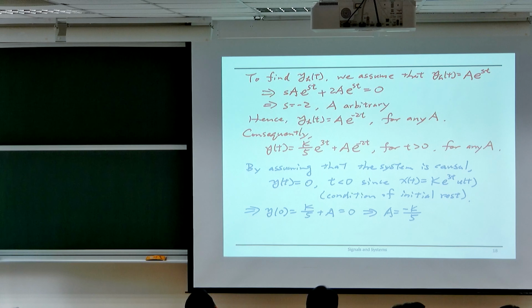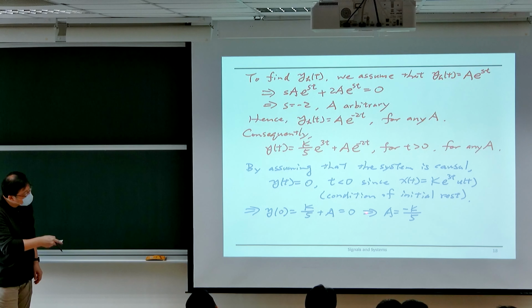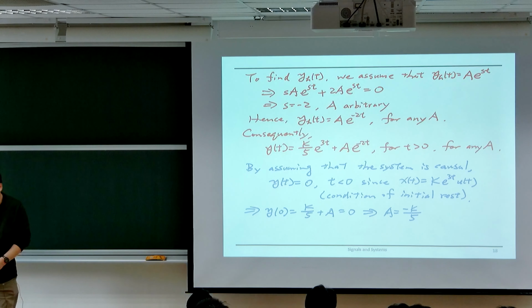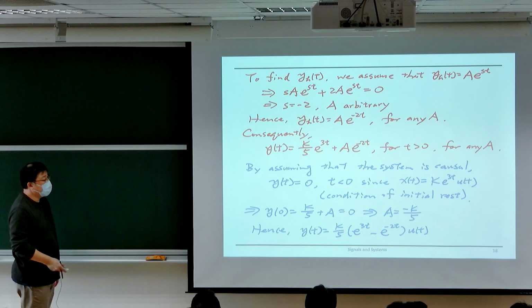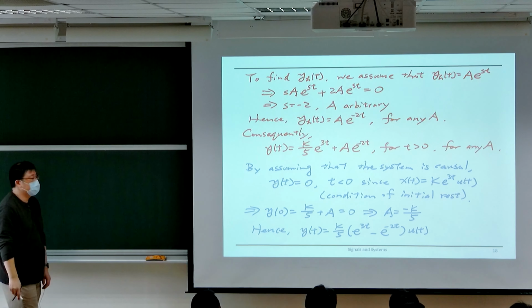So hence, if you take both of these conditions and plug them back in, you'll find that under the condition of initial rest, your y of t is just k over 5 times (e to the 3t minus e to the minus 2t) for t greater than 0, and 0 when t is less than 0.